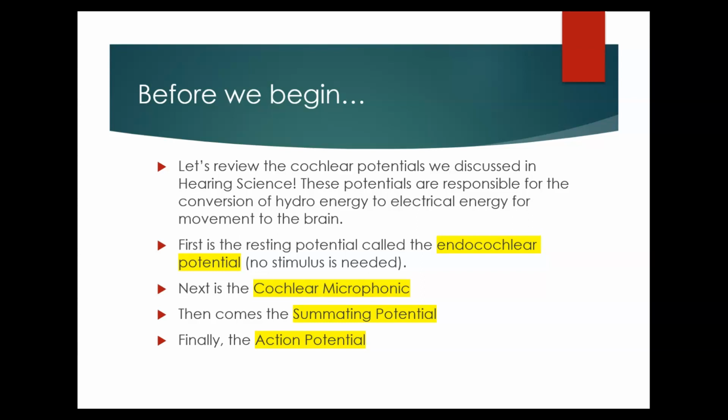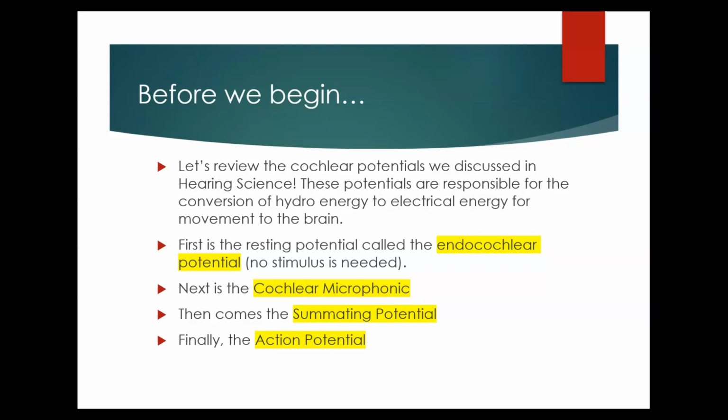So this conversion process happens in the cochlea to the first to second way station along the central auditory nervous system. The first potential is a resting potential called the endocochlear potential. Sometimes you'll see it referred to as the EC for endocochlear.